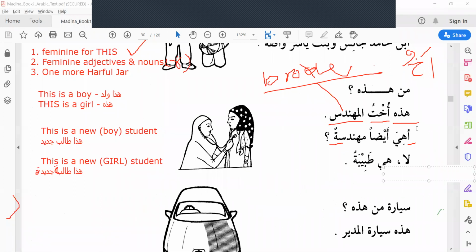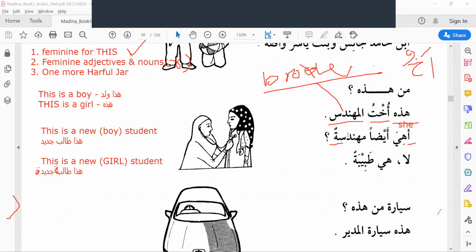Aidan means also. It's a new word, note it down. Hiya aidan muhandisatun. Is she also an engineer? Muhandisatun means female engineer.